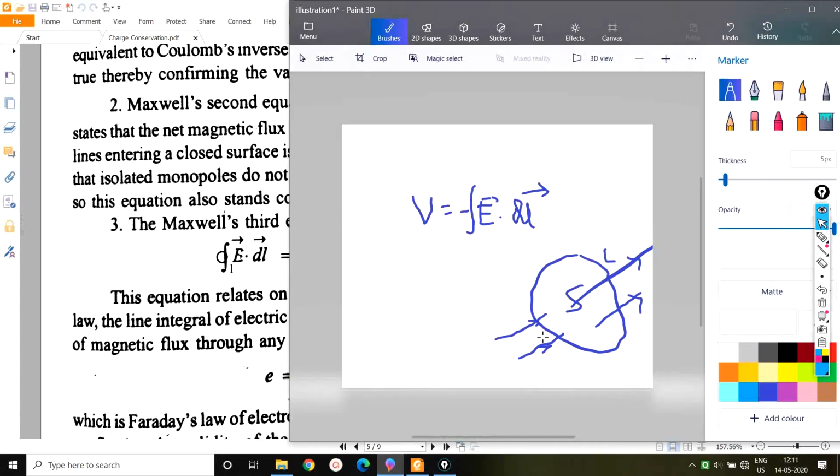So this is your loop, and this loop bounds this surface S; the line integration of E dot dl over this loop is equal to the rate of change of magnetic flux which cuts through this surface S.